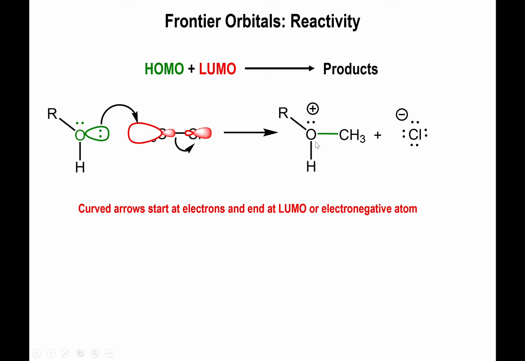The reason is that not only is oxygen a lot more electronegative than hydrogen, but now with that positive charge, it's withdrawing electrons towards itself a lot more than in your typical alcohol. So what we have right here now is a picture in which the chloride, which is full of lone pairs, can behave as the HOMO. And the OH bond with the oxygen bearing that positive charge now becomes the LUMO.